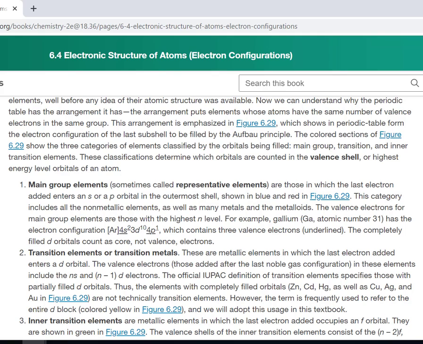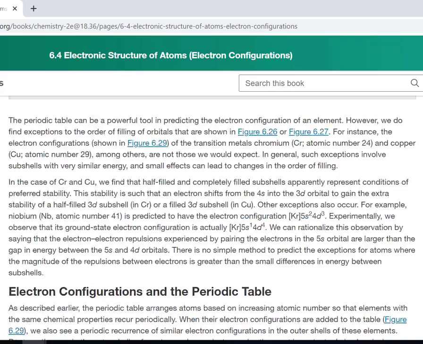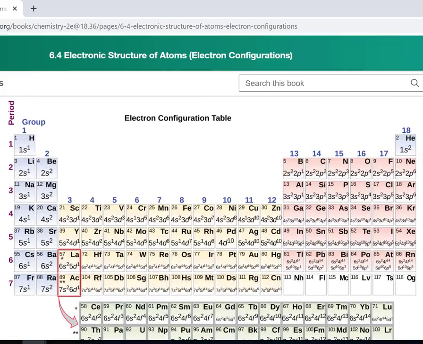So going back to our periodic table, again, what are the main groups? They are what we have here in blue and what we have here in red. What the main group elements have in common is that whichever electron was put into them last is always a valence electron. Always a valence electron.